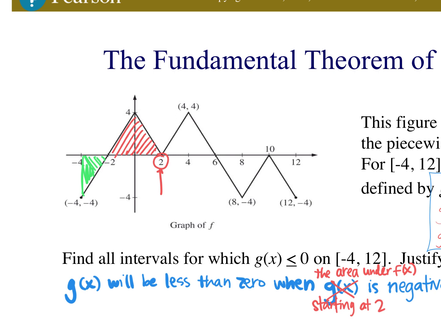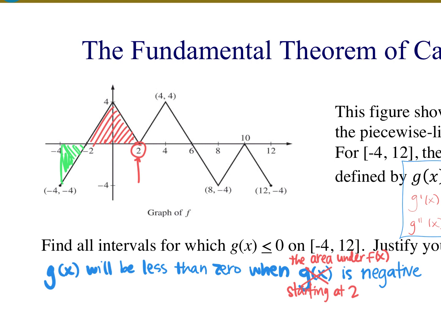What is there more of, negative area or positive area? It's more negative area. So all of that has a net value of being negative. It's negative from 2 backwards to negative 2, and it continues to be negative when you accumulate everything all the way to negative 4. So that whole section is negative.